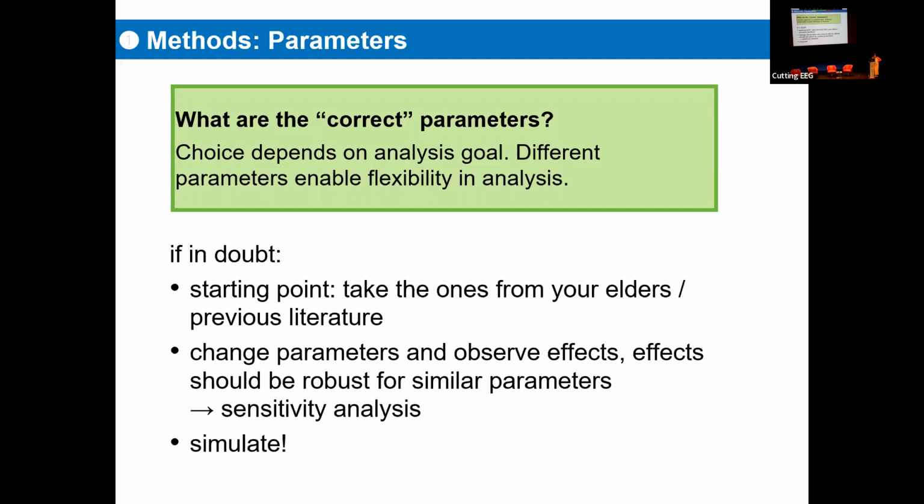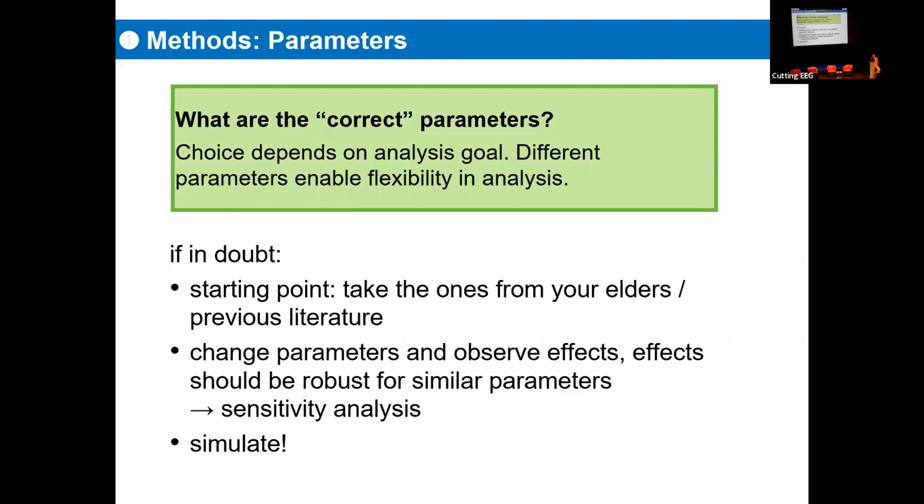The starting point is the parameter set that maybe your PI gives you or you obtain from the literature. But as previous literature has not solved the brain yet, this is not set in stone. So what you should do at some point, when you feel confident enough, is to change the parameters and observe what kind of effects that has on your data.